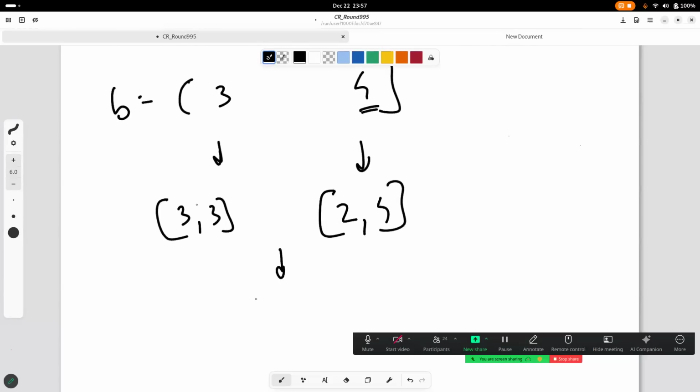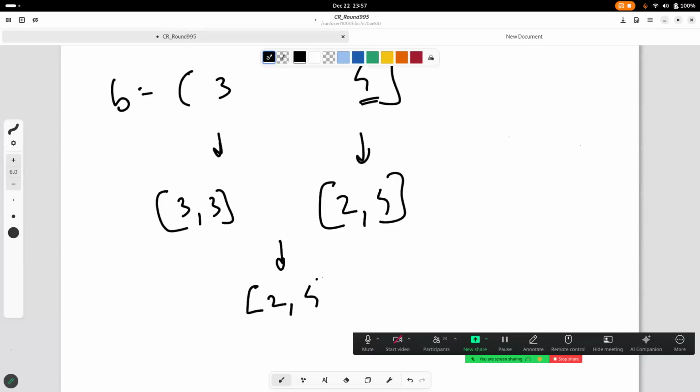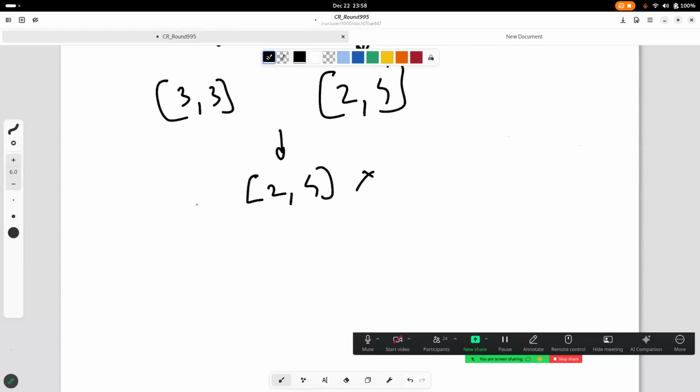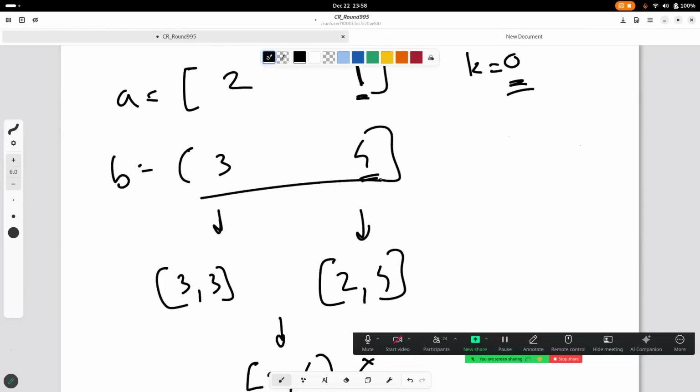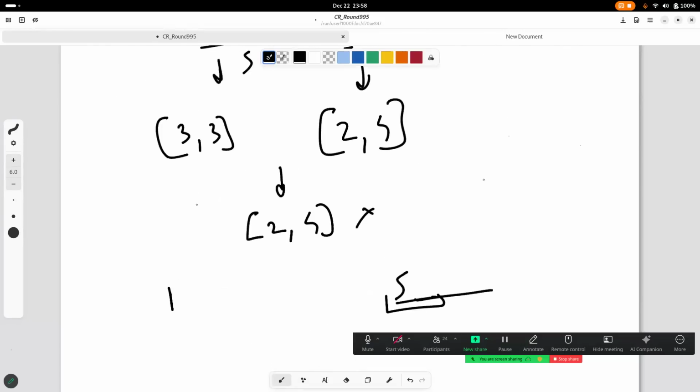Basically, this implies that you can't have prices between the range 2 to 4. So the only possible choices for price were 1 or 5 or greater. Now, if you have 5 or greater, then none of these customers would actually buy your product because 5 is greater than 3 and 5 is also greater than 4. So no one would buy. So for 5, your profit or your sales would be 0.